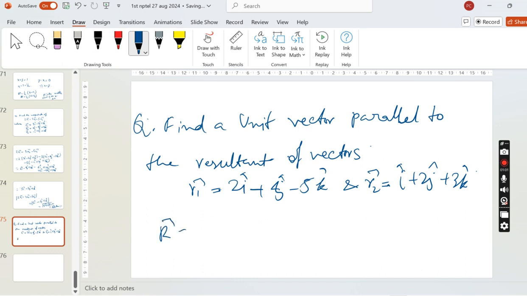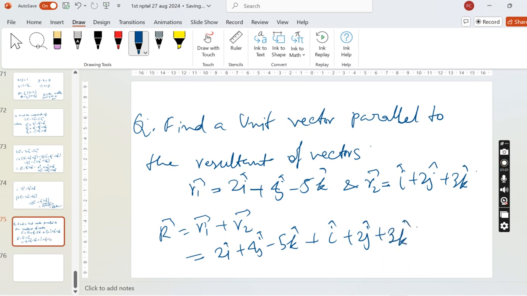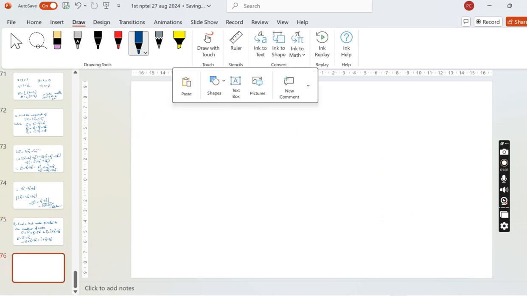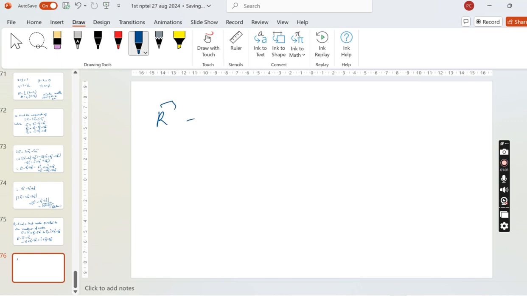So the resultant vector, let's say capital R is equal to r1 plus r2, will be 2i plus 4j minus 5k plus i plus 2j plus 3k. So the resultant R is equal to 3i plus 6j minus 2k.